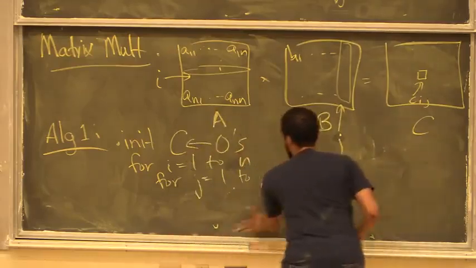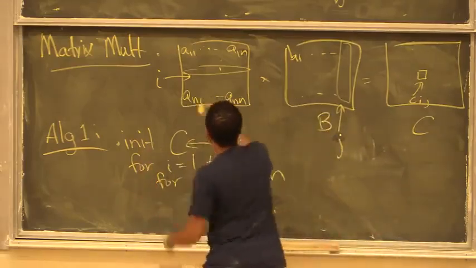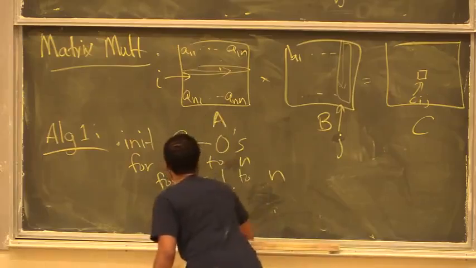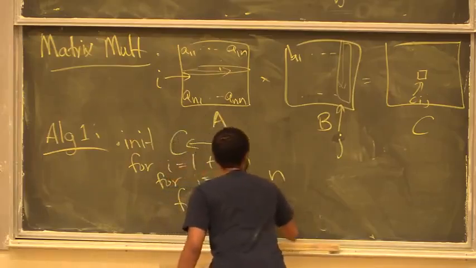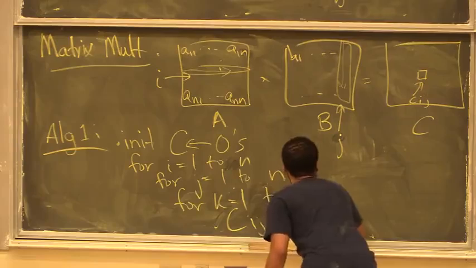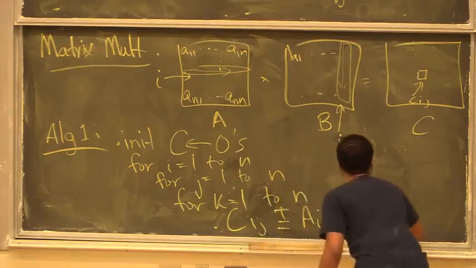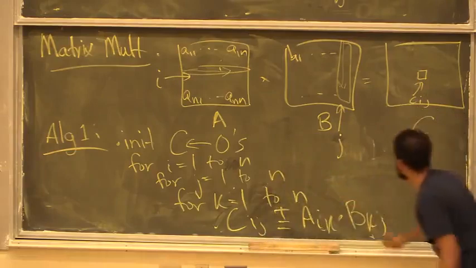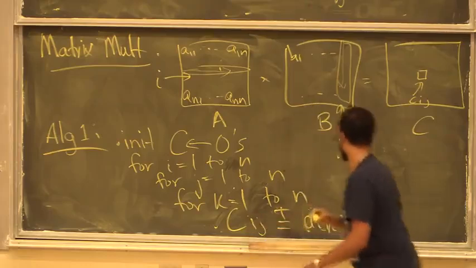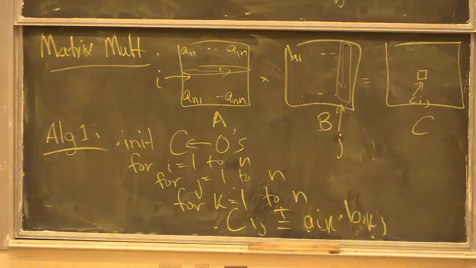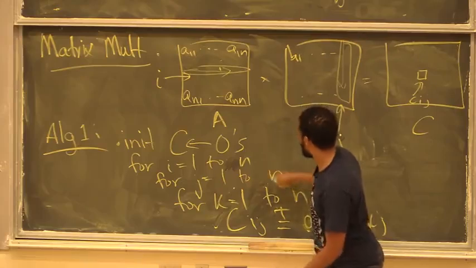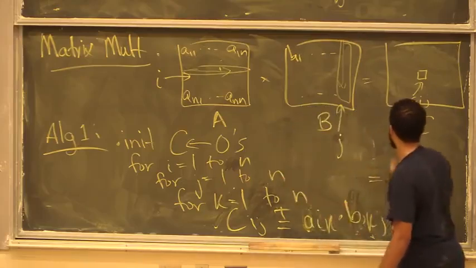So now I want the dot product of the ith row with the jth column. So I'm going to basically loop over going right here and down here. So for k equals 1 to n, Cij plus equals Aik times Bkj. Sorry, I know I switched from upper to lowercase. These are little b's and little a's. Okay? So this is an n-cubed algorithm, right? N times in this loop, and each one of those times I'm in the loop, n more here, another n here. This is O of n cubed time.